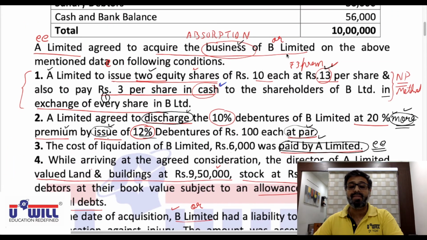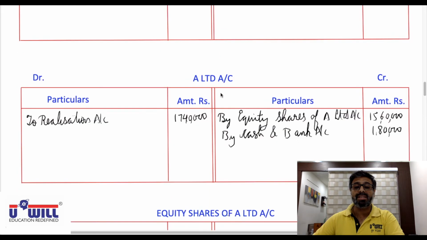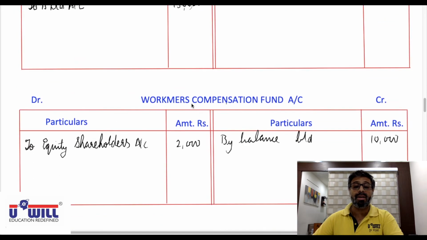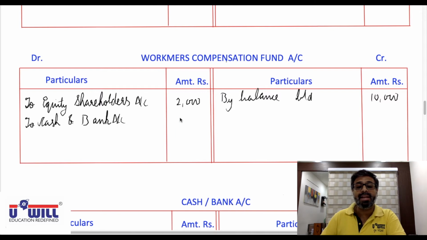Payment of liability, we have this workmen compensation fund. Okay, how much is paid? 8,000. So workmen compensation fund account debit to cash and bank account 8,000. And we discussed that any difference will be transferred to realization account.